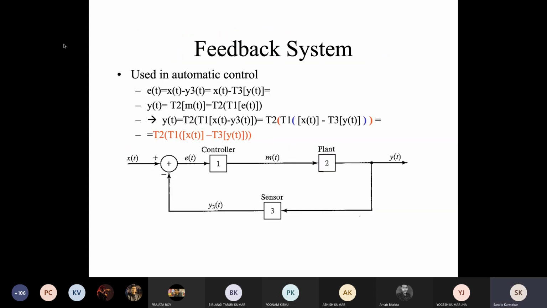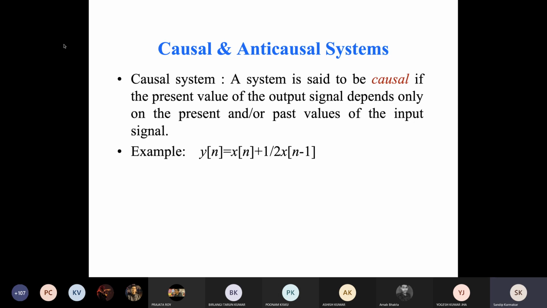Is this a causal system? Yes, sir. Why? Sir, because the first iteration's values of controller 1, plant 2, and sensor 3 will affect the value of y3(t) and consequently the value of e(t) in the next iteration, sir. So is it a causal system? Causal system means it only depends on the input signal's past and present values.